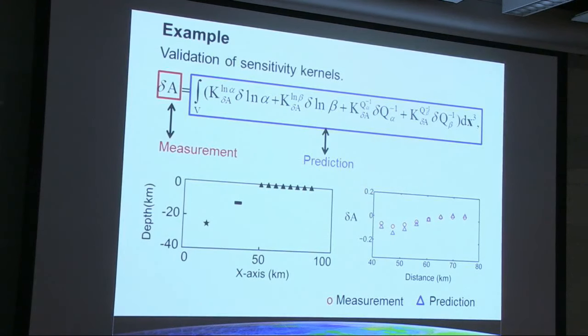We calculate the synthetic seismograms in the model with and without velocity heterogeneity. This is the source and the stations. At each station, we calculate the measurement of the amplitude anomaly on seismograms and compare it with the prediction. Overall, the measurements and prediction fit, indicating the accuracy of the sensitivity kernels.